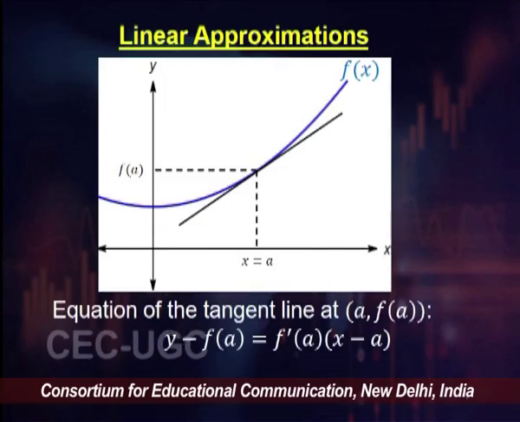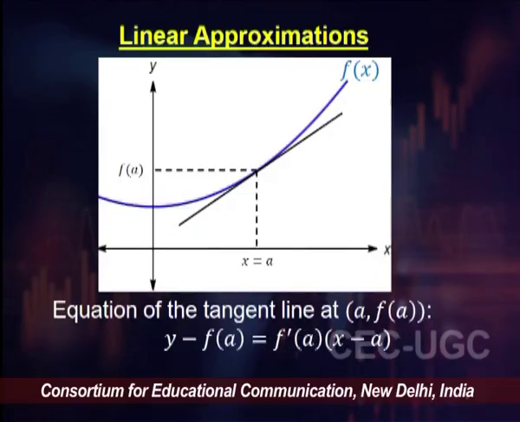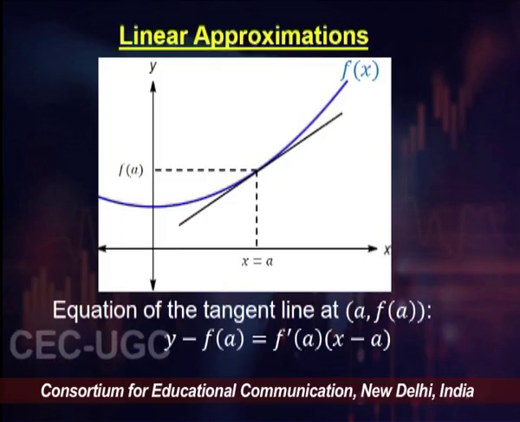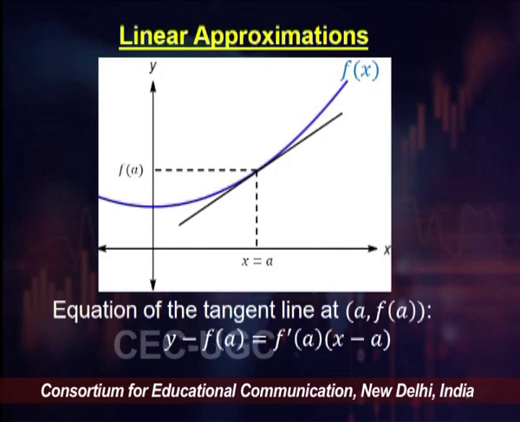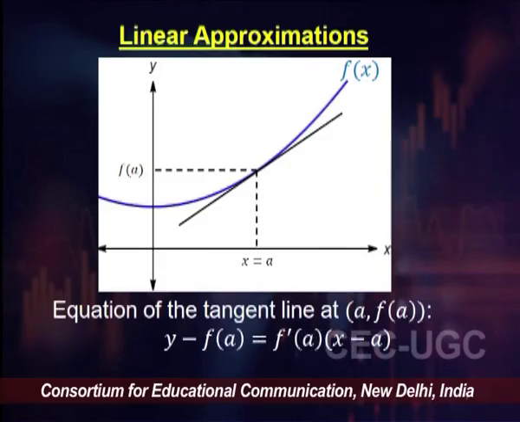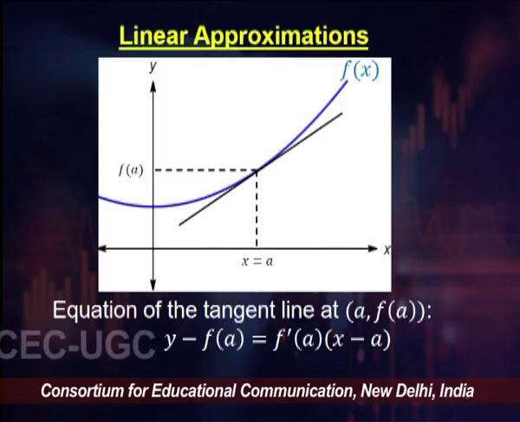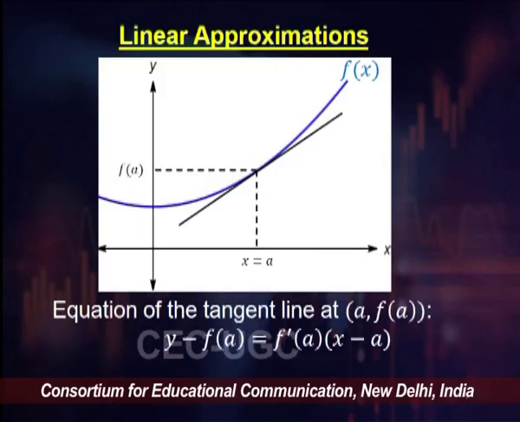So the equation of the tangent line at the point a comma f of a is given by y minus the y coordinate of the point, which is f of a, equal to f prime at a, and this is why you need differentiability. So it is y minus f of a is equal to f prime at a times x minus a. So this is the equation of the tangent line at a comma f of a.